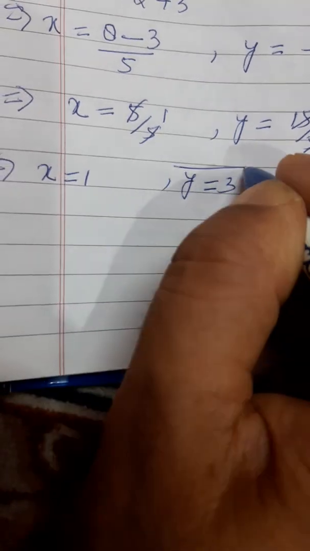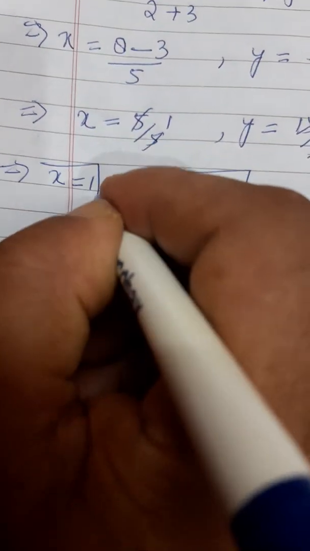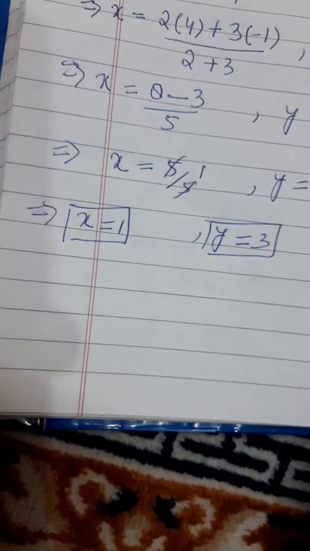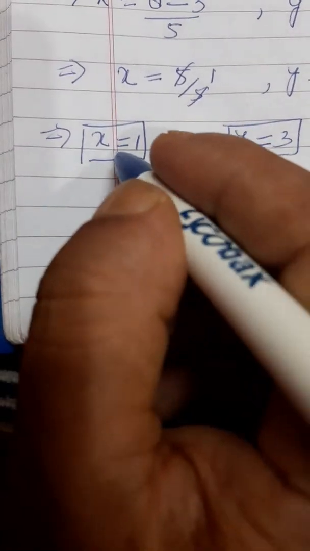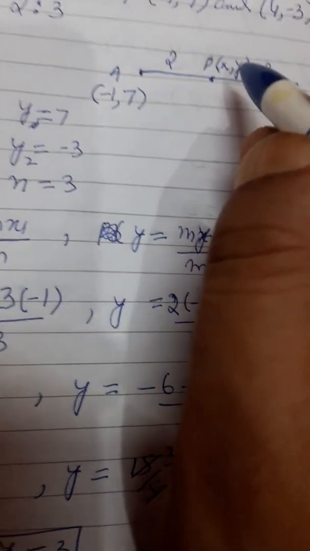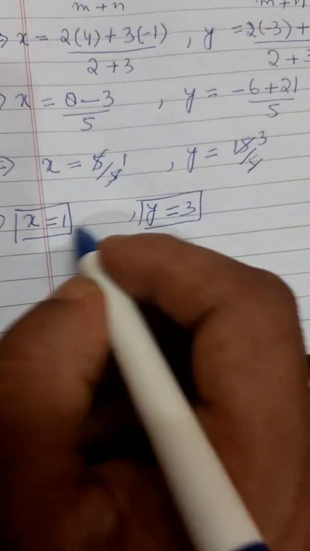In this manner, we find the coordinates of the point of division, and that is equal to P, and P has values x and y, and x and y is equal to 1 and 3.